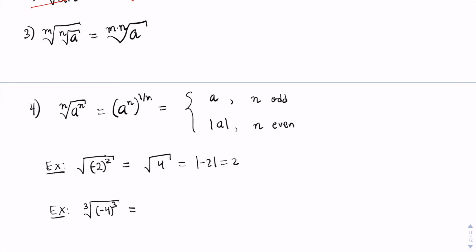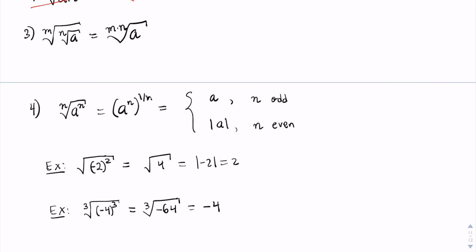The cube root of negative 4 to the third power is the cube root of negative 64, which is just going to be negative 4. So it's just negative 4, what we had at the very beginning. That's what this is telling you: if n is even, then you cannot get out the negative that you had there. You have to use the absolute value. If n is odd, then it will be whatever number it was in the very beginning. So if it was negative, it will be negative.